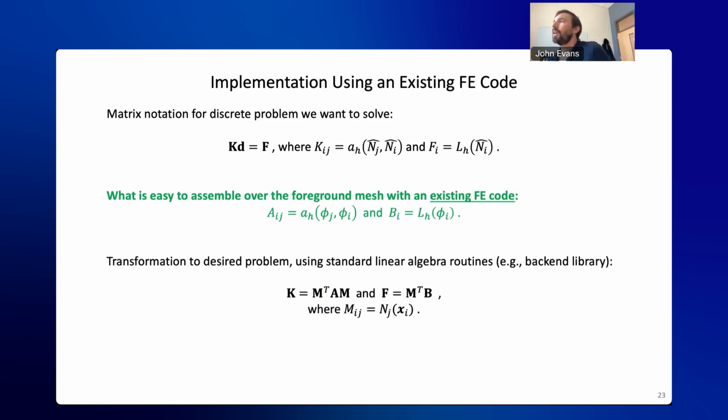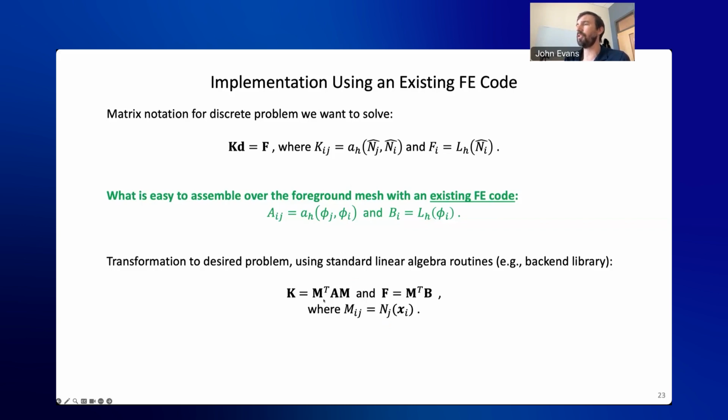Now, fortunately, we can represent our interpolated background basis purely in terms, right, of these foreground basis functions phi, which in turn means that we can represent big K and big F in terms of big A and big B defined here, using an appropriate transformation to transform the problem into our interpolated background space rather than the foreground space.